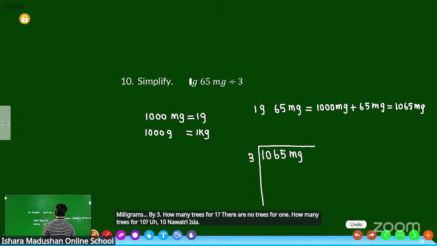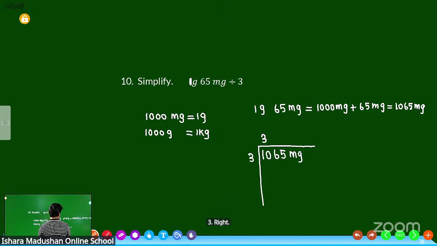3. Right? 3 into 3, 9. Remainder is 1. Then now download the next digit. How many 3s for 16? 5. 3 into 5, 15. What is the remainder? 1. Then download this 5 to here.